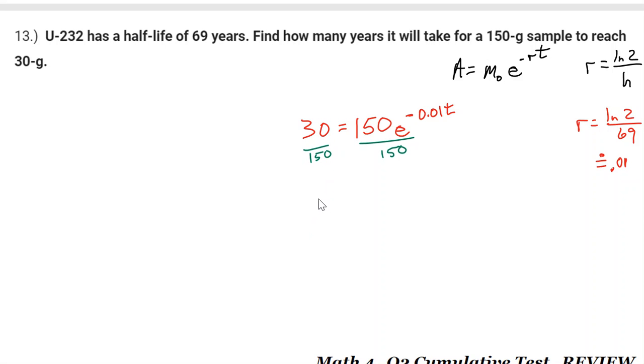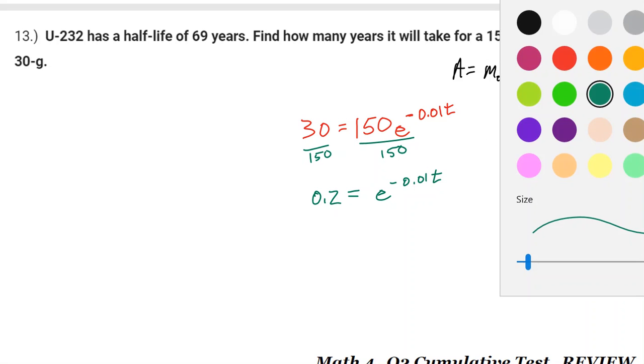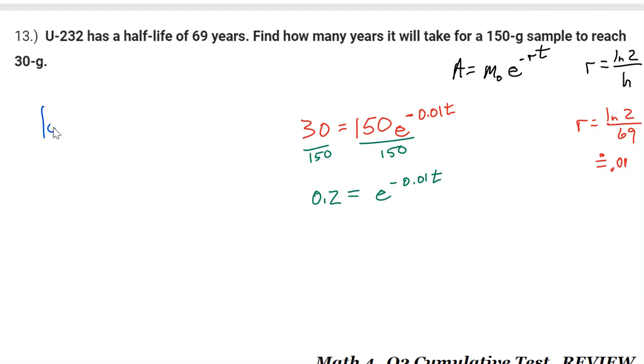That's 1/5, that's 0.2. And then we're going to rewrite this as a logarithm. And the exponent goes over here, and the 0.2 goes there.